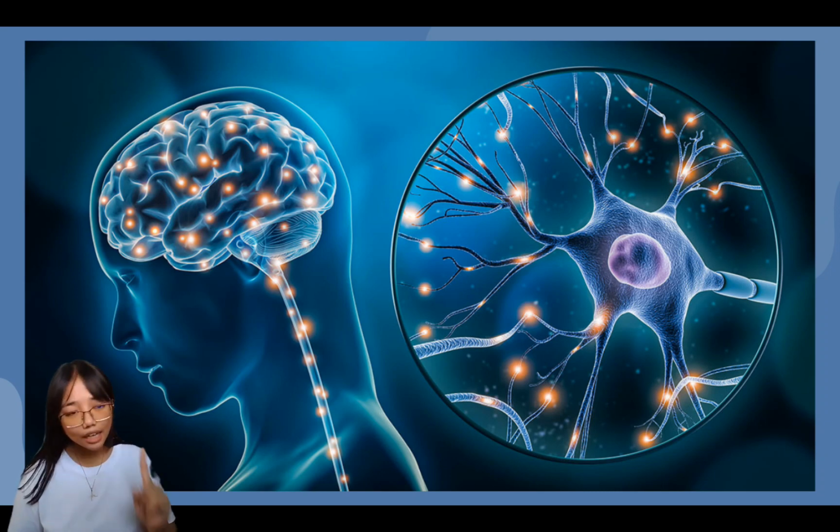When the action potential reaches the postsynaptic neuron, it triggers the release of transmitters which bind to the receptors on the postsynaptic neuron and either excite or inhibit its activities. And this process is how neurons communicate with each other and coordinate the activity of the nervous system.